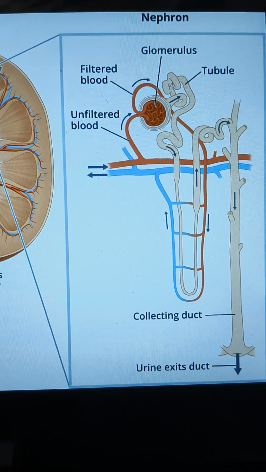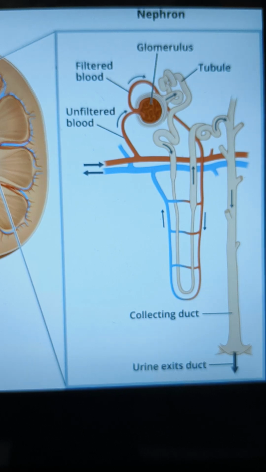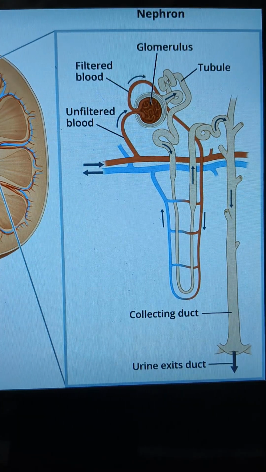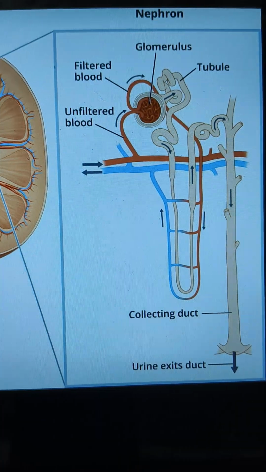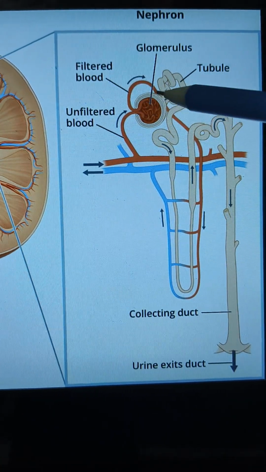Nephron is the structural and functional unit of the kidney. Nephron has many parts like Bowman's capsule.